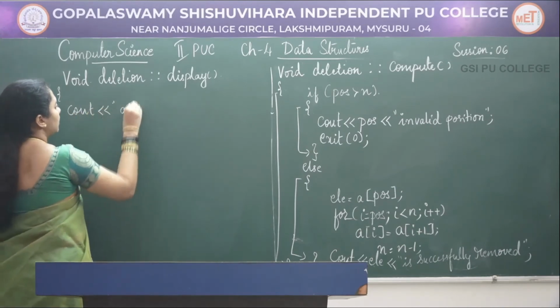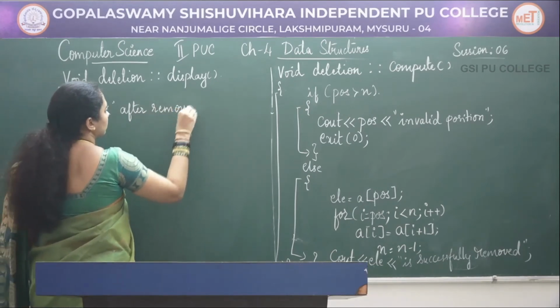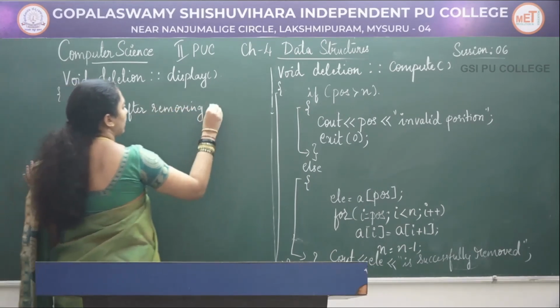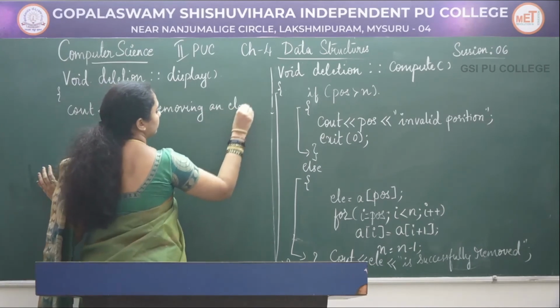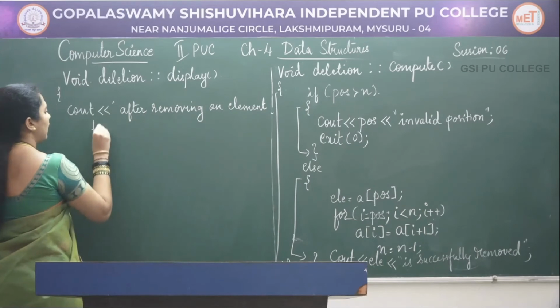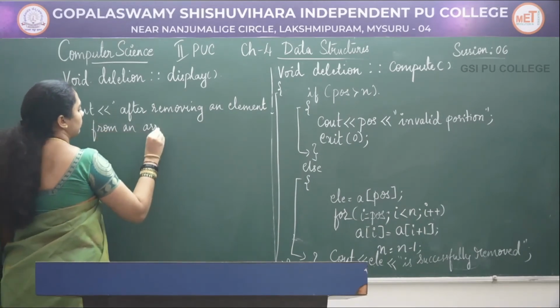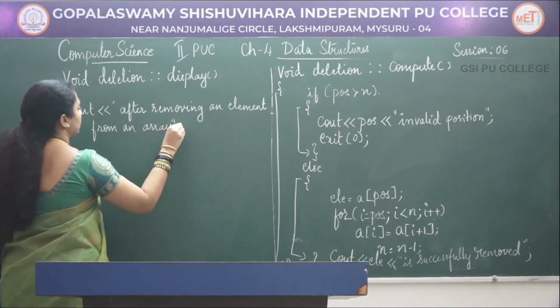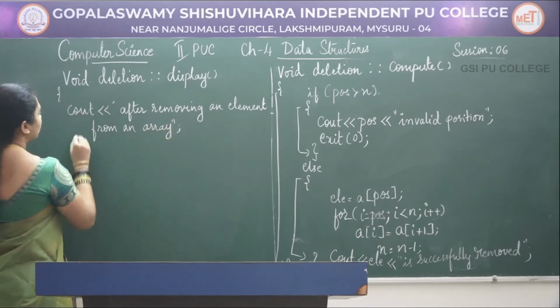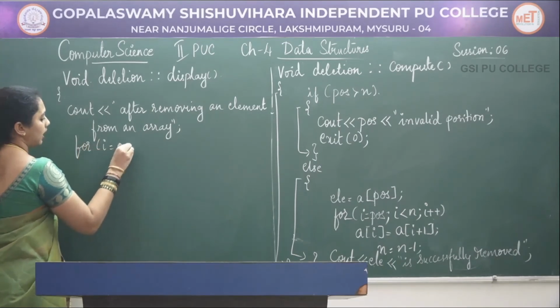So after removing an element from an array, using a for loop we are going to display the array elements.